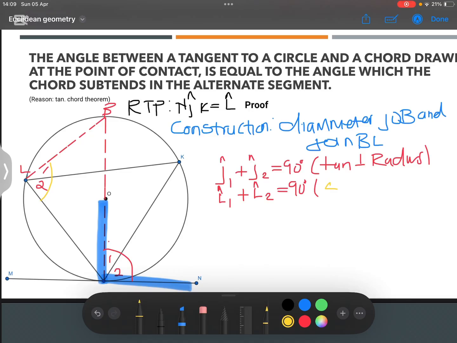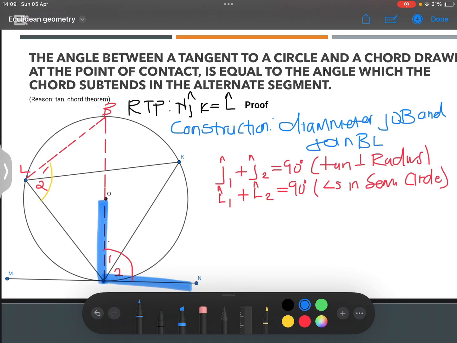So you can say angles in a semicircle form 90 degrees.